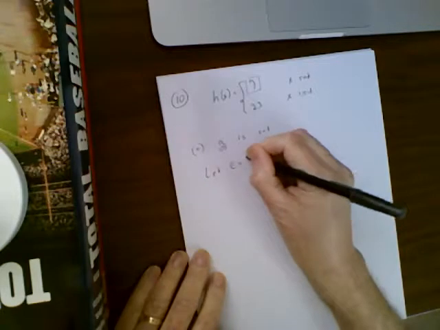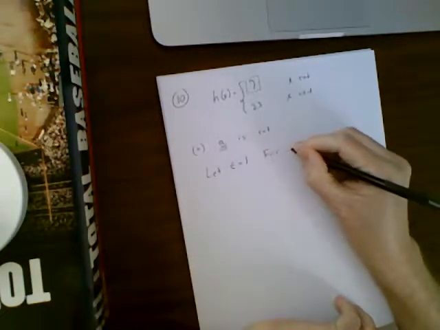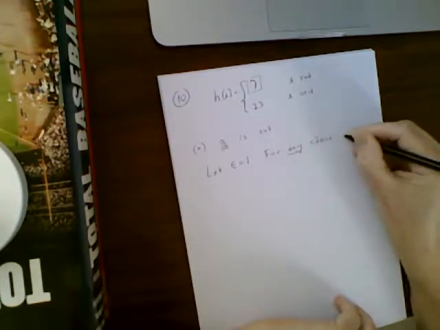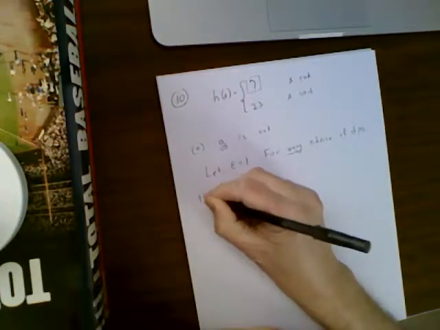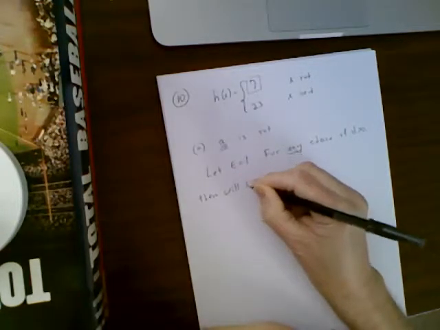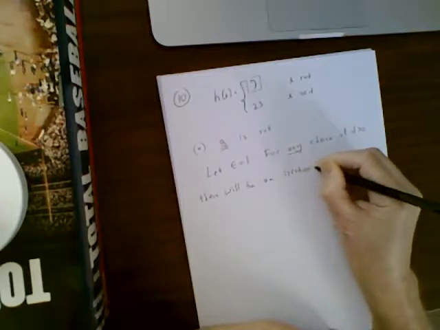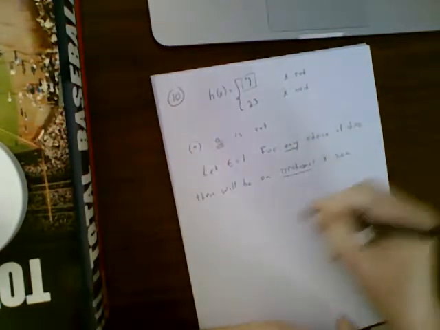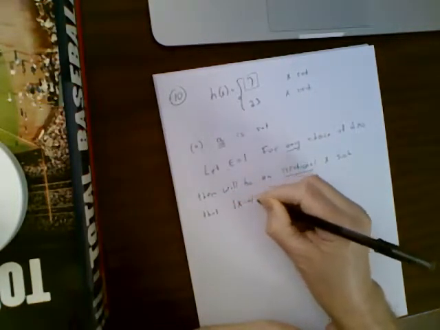Let epsilon equal 1. Okay. For any choice of delta greater than 0, there will be an irrational x such that the absolute value of x minus a is less than delta.